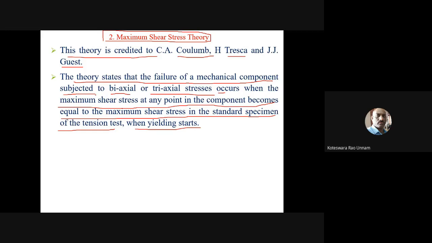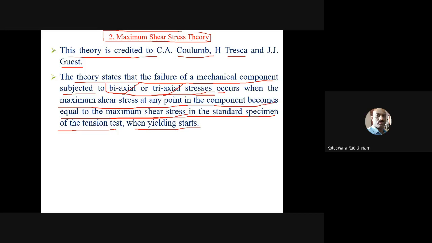So here he is relating the state of stress in a biaxial or triaxial stress system. The failure will occur when the maximum shear stress in a biaxial or triaxial state of stress is equal to the maximum shear stress in a simple tension test.